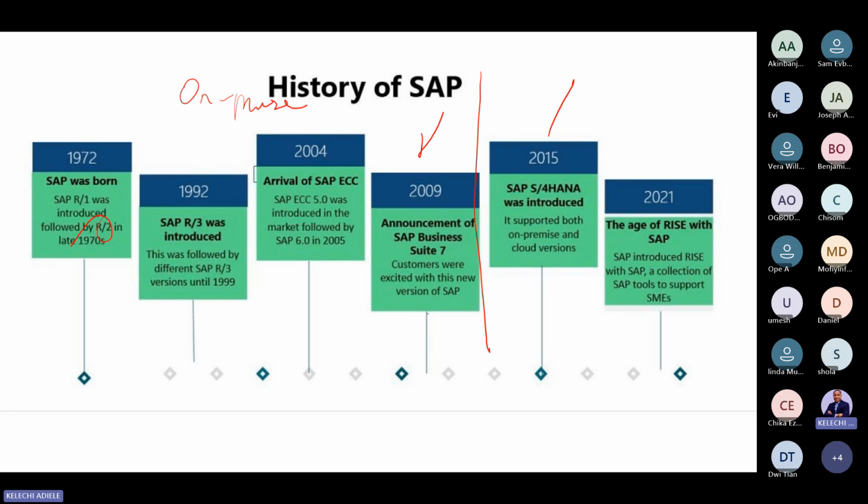So everything has to sit on a platform in your office. So the database, the server, everything you have to have a physical location, and companies manage their servers themselves. But as at 2015, SAP introduced S/4HANA, which is cloud specific. So it was a cloud version and people could work from everywhere.